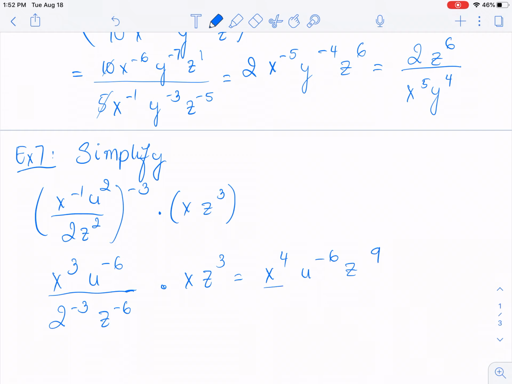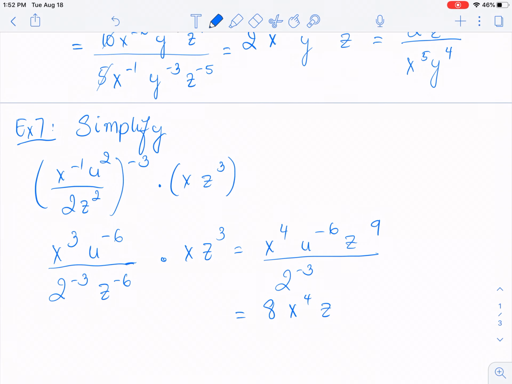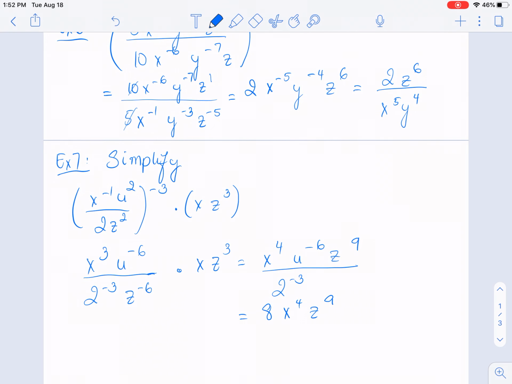Now, for the number, because we have a negative 3, we're going to have to move it to the top. So what I have is 2 cubed, which is 8, x to the 4th power, z to the 9th power, over u to the 6th power. And that's the final answer.